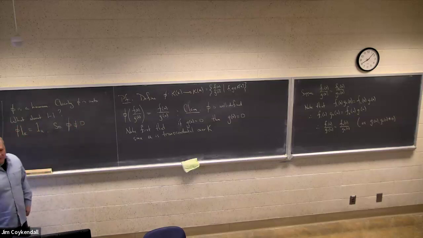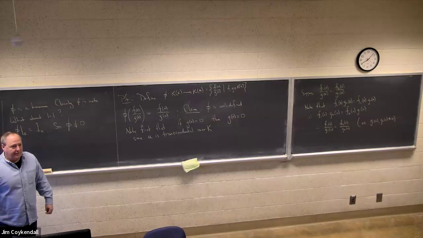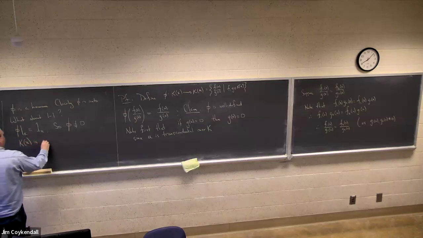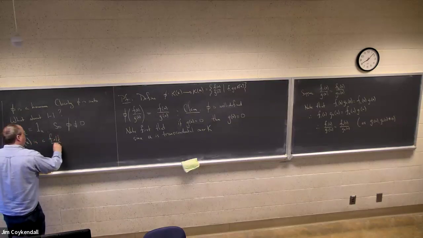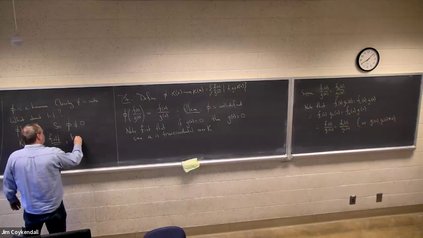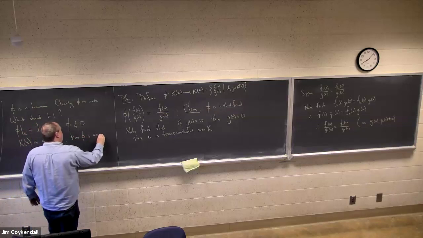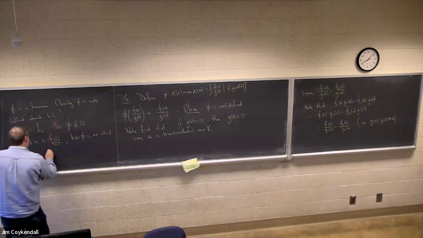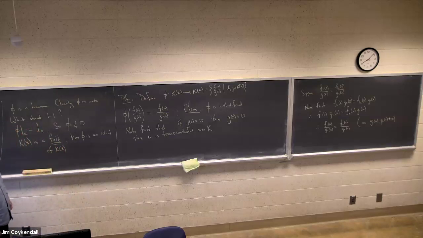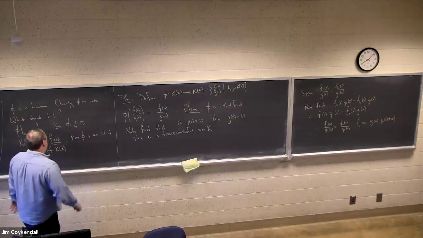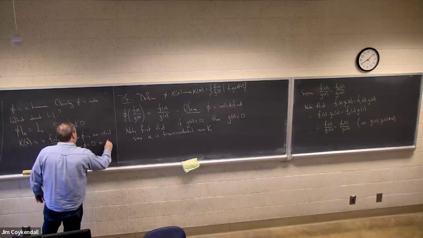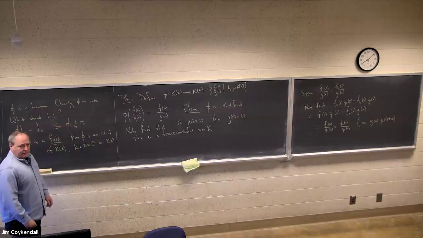So in particular, phi is not the 0 map. Everybody agree with that? Now notice that K(x) is a field, right? And the kernel of phi is an ideal of K(x). Now, the kernel of phi is equal to 0 or all of K(x), because it has to be an ideal.